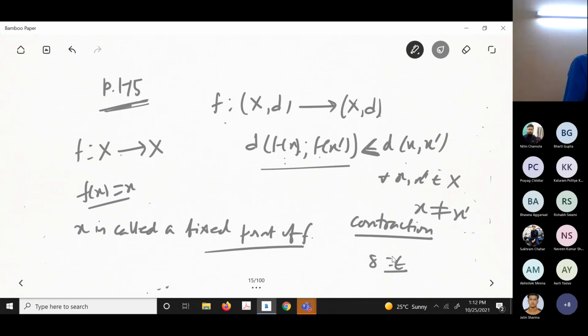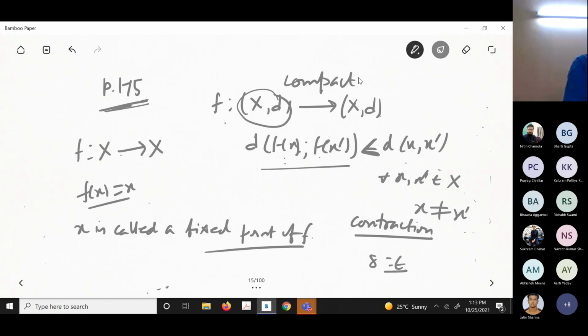But look here. Wait a minute. What this is saying is, this is compact. There is a problem number 8 that is not related to compactness, but talks about contraction.